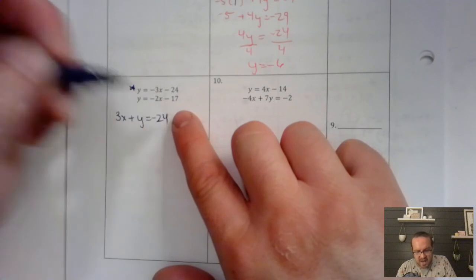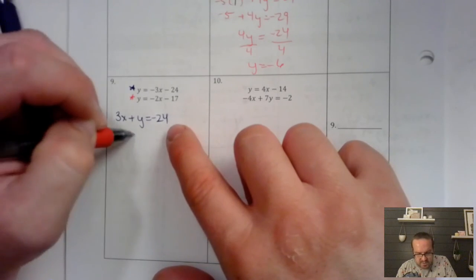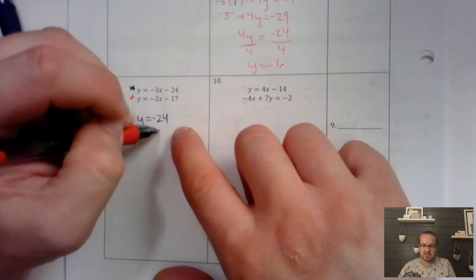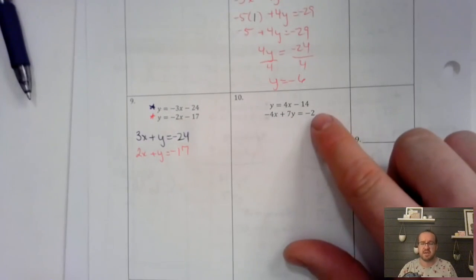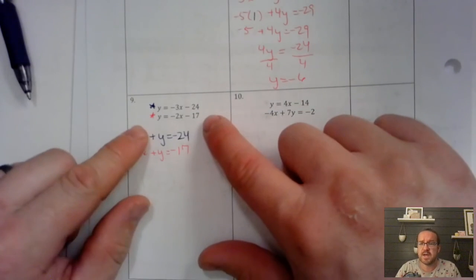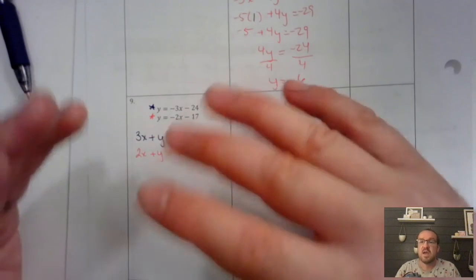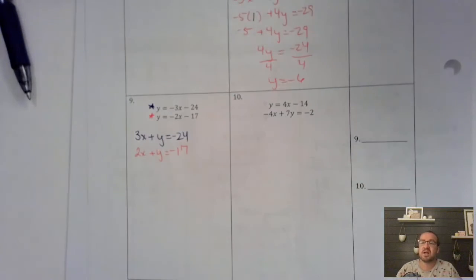And if it's red, I could rearrange this here to positive 2x plus y equals negative 17. I could do something similar to this problem for 10 here as well. But my point is, if you find an easier way, maybe using substitution, that would be really helpful in knowing how to do this. So we're not going to worry about 9 and 10.